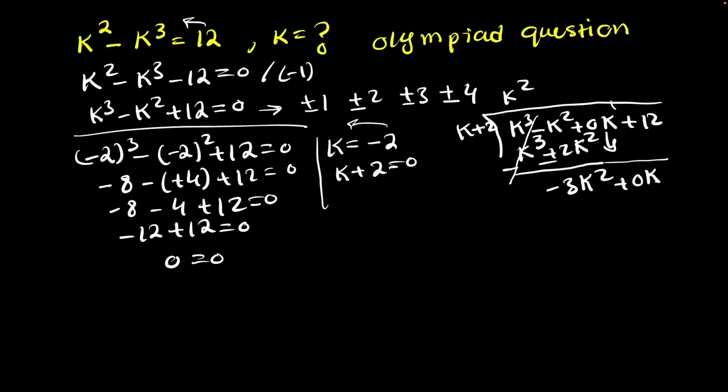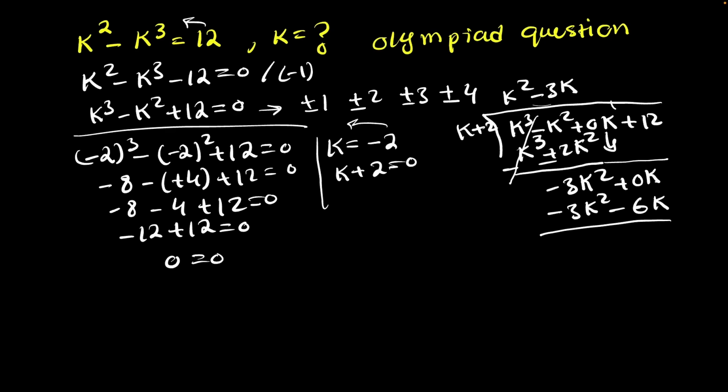Then we do the same to the other terms. -3k square divided by k becomes -3k. -3k times k becomes -3k square, and -3k multiplied by 2 becomes negative 6k.